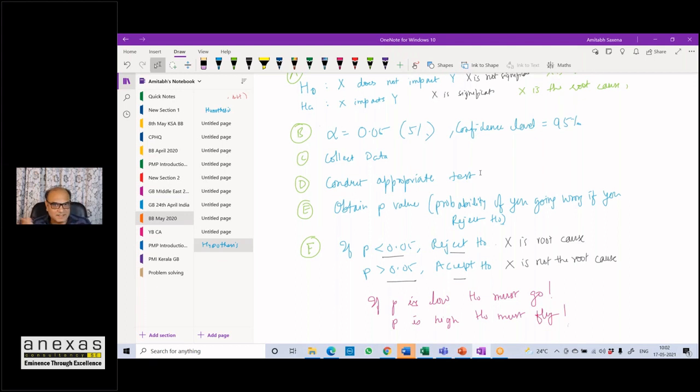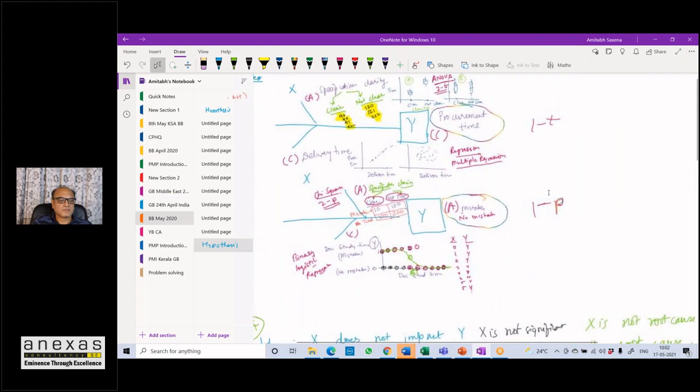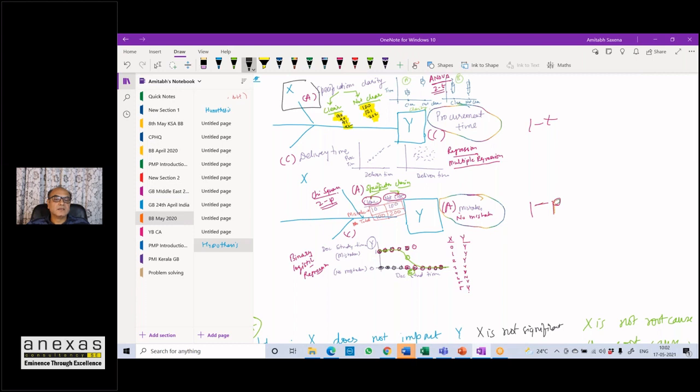That is how we have decided. You can just treat it like that. Just choose always null as X is not affecting the Y, and the alternative is X is affecting the Y. In only one situation, nowhere else, in this case of specification clarity, like here, this case and this case.